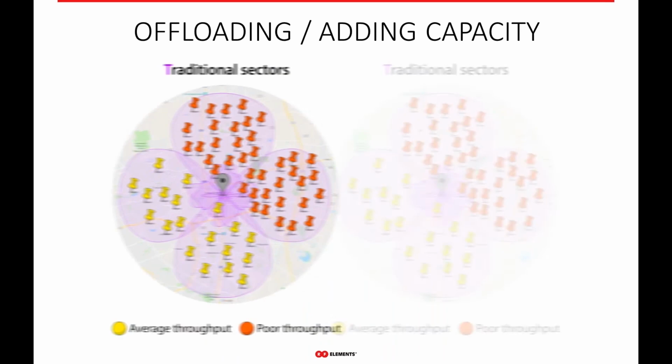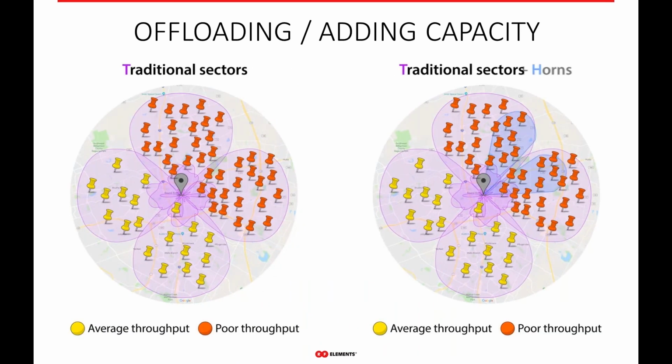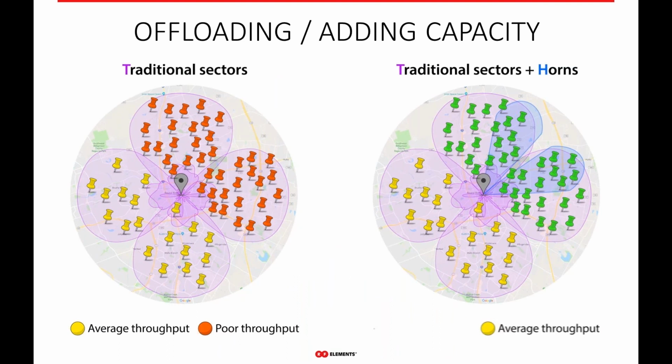Using horn antennas can be very effective here, where maybe you put up some narrower 30 or 40 degree horns and offload some of those customers onto the horn-enabled APs, therefore alleviating some of the overload on your original AP, helping to improve the throughput of the customers left behind on your traditional sector, and of course getting great performance for those customers you've offloaded onto the horn antennas.